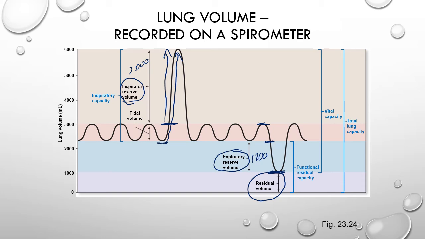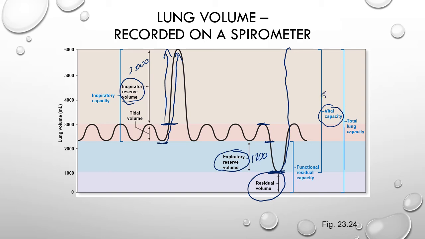From that very point where we have full expiration, if rather than just going up to normal inspiration, we then inspired everything that we had and everything that we could get back into the lungs, we would have what we call the vital capacity. And so the vital capacity is the amount of air that we basically can exchange at any given time.